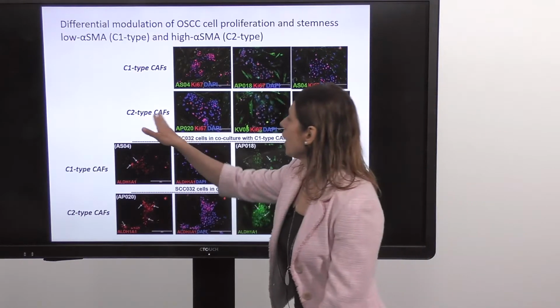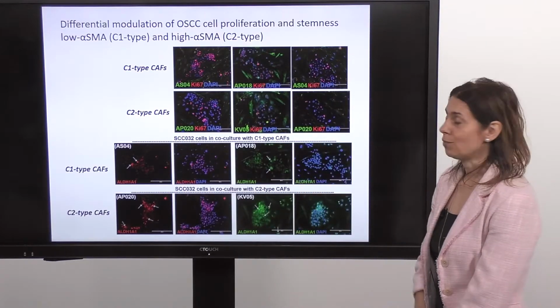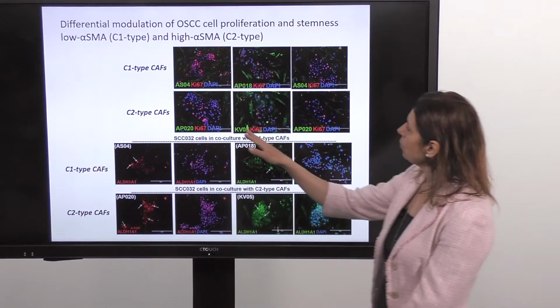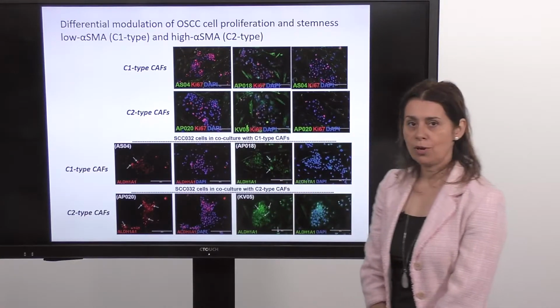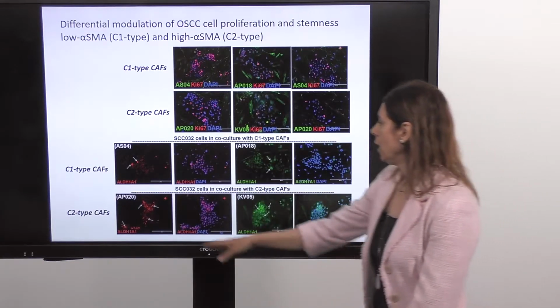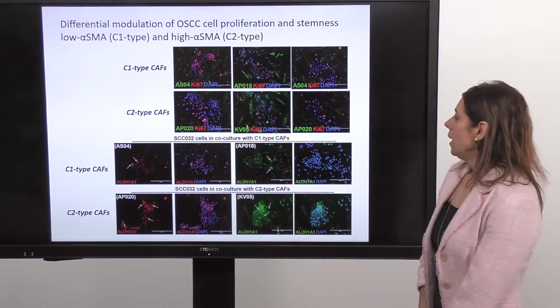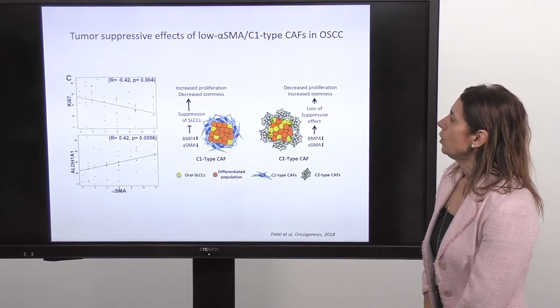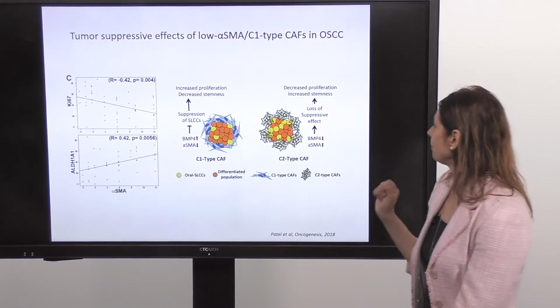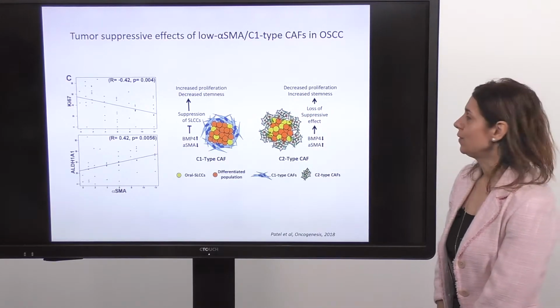Interestingly, the C2 type of CAFs, these are the myofibroblasts, with a high percentage of myofibroblasts, seem not to support proliferation so much, with no significant difference in the proliferation of the cancer cells. However, there was a significant increase in the expression of ALDH1, meaning that these fibroblasts were able to support the stemness or the stem-like properties of tumor cells.